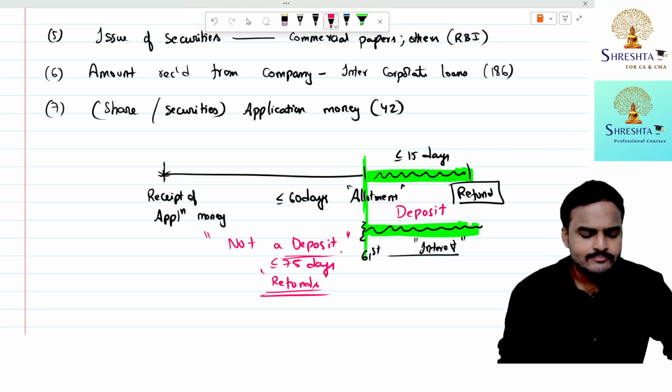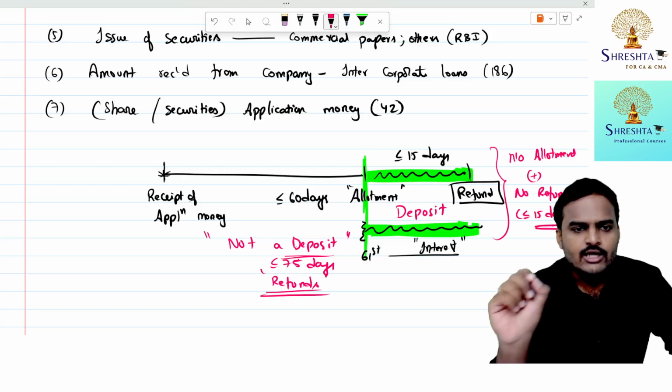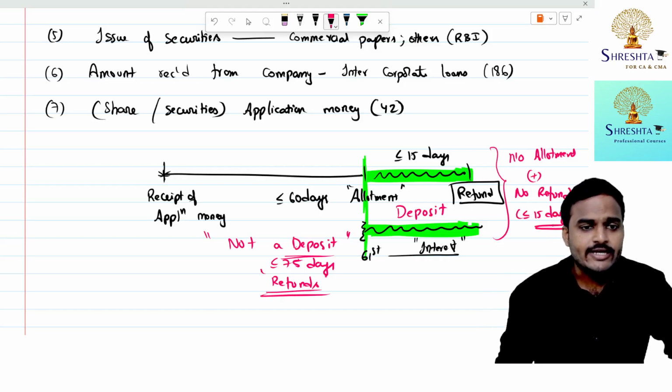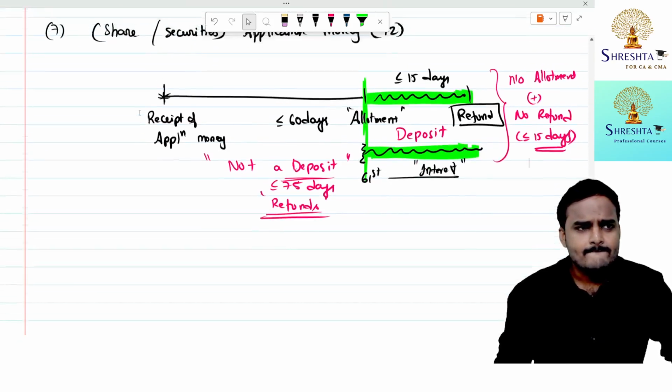Is it clear? So finally, it is a deposit when the company made no allotment plus no refund within 15 days. In that case, that amount is treated as a deposit. Is it clear, everyone?